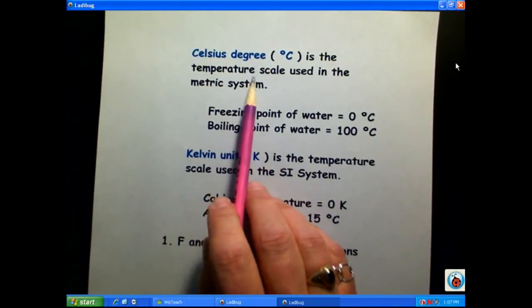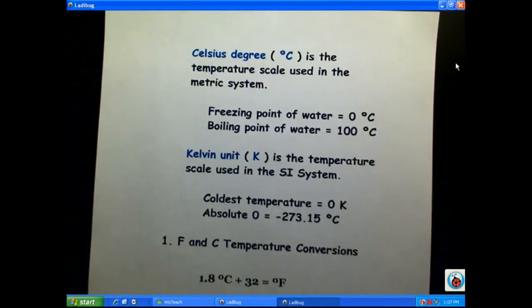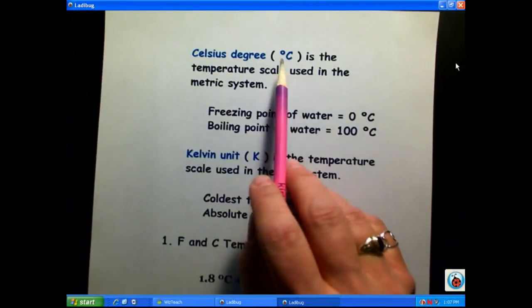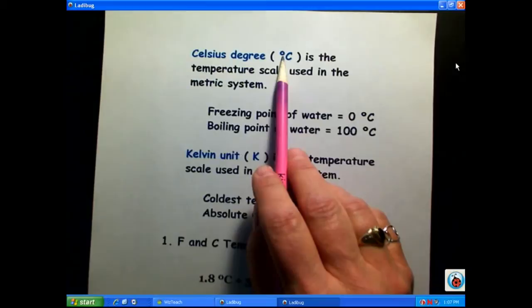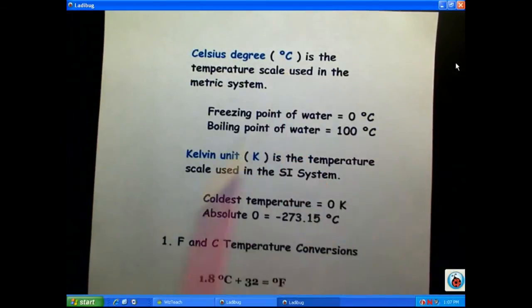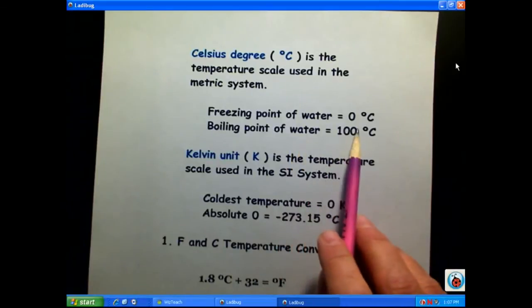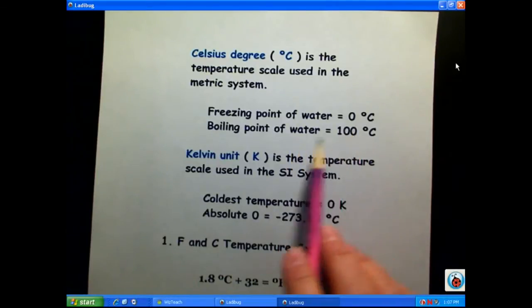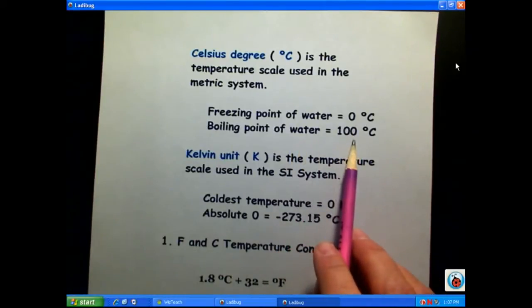Celsius degrees is the temperature scale used in the metric system, and again we use the superscript for degree and capital C for Celsius. In this scale, the freezing point of water is 0 degrees Celsius, and the boiling point of water is 100 degrees Celsius.